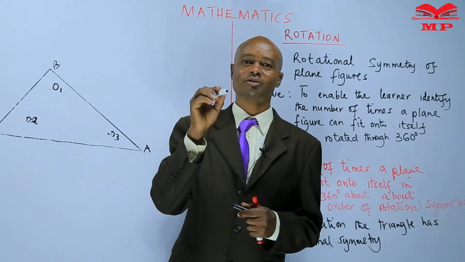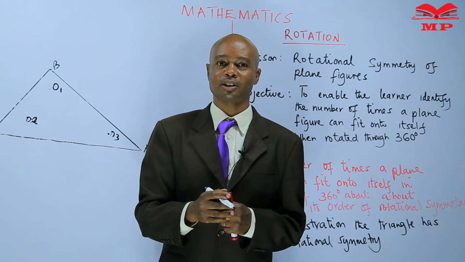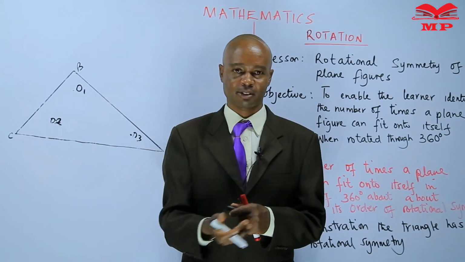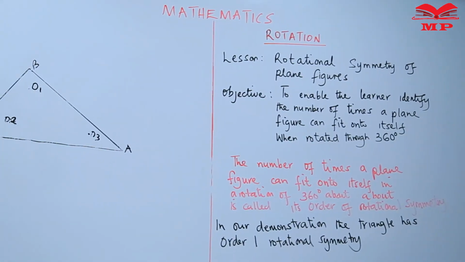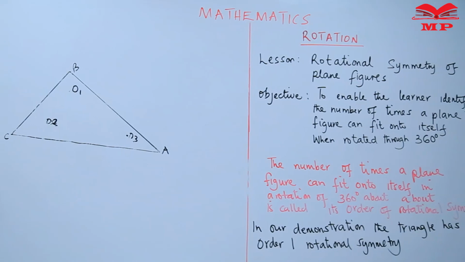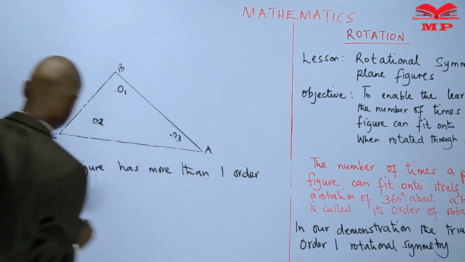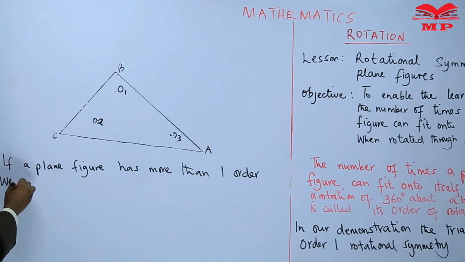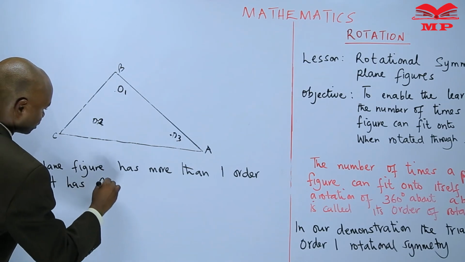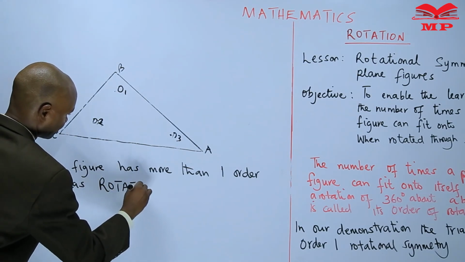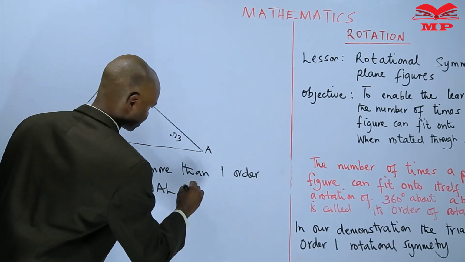When a figure has more than one order, whether it can fit 2, 3, 4, 5 times, we say it has rotational symmetry.